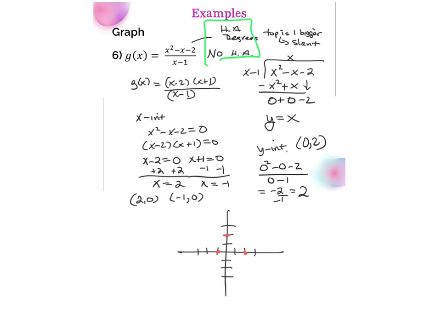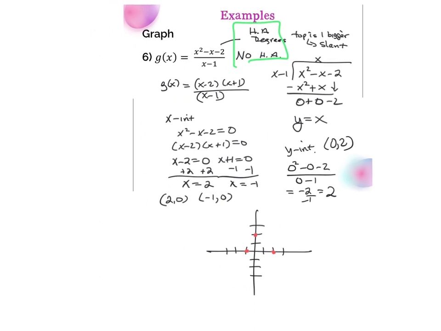My vertical asymptote is going to be, did I do that? I did not do that. Let me add that one in. So the vertical asymptote, set the denominator equal to 0. I have one at x equals positive 1. So there's the vertical.